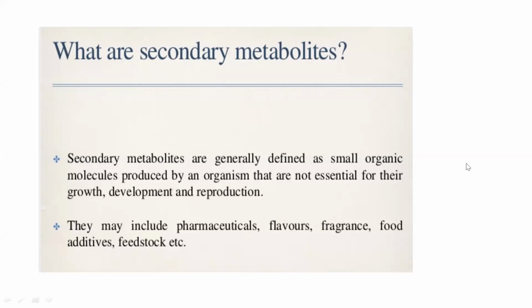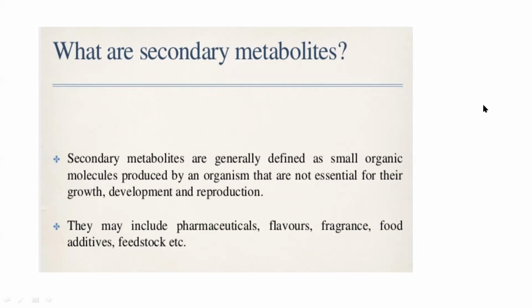So these four are the primary metabolites because they form the structural and functional basis of the plant cells. They are produced involuntarily, constitutive production. So they are always being produced by the plant to maintain its structure and function.